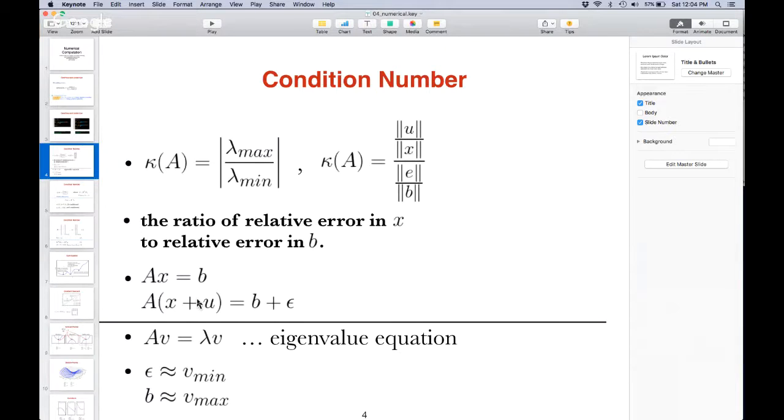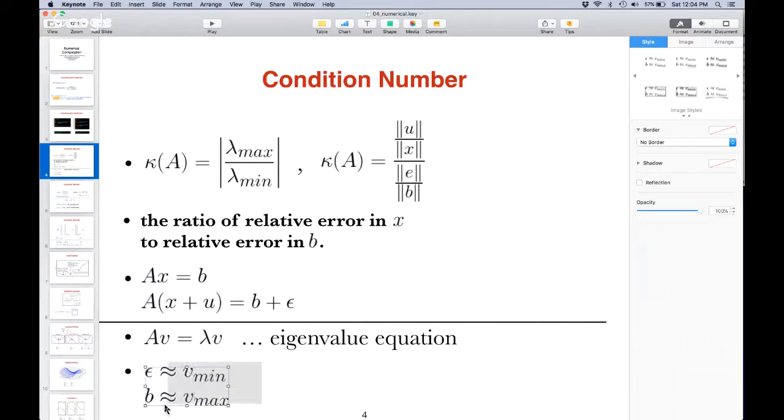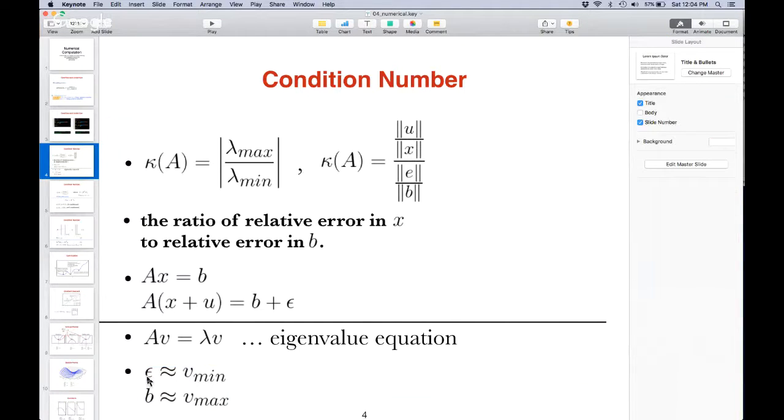So this is kind of like an upper bound of the error you will experience in your solution vector. The worst case happens under this condition: if the epsilon error perfectly aligns with the eigenvector that corresponds to the minimum eigenvalue, and if b corresponds to the maximum eigenvector, I should say.